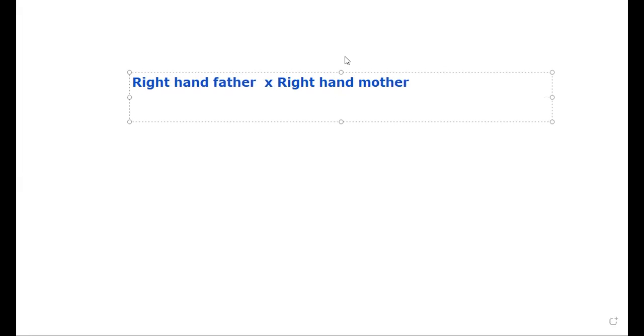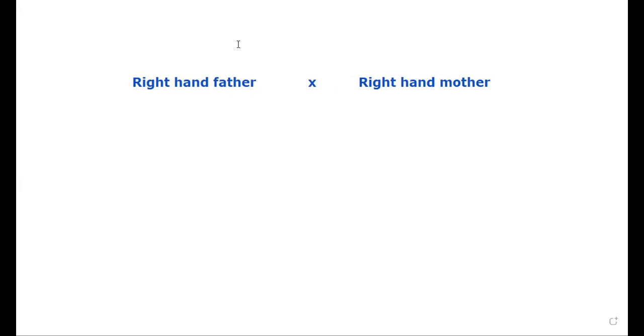But the child born is a left-hander. Okay, left-hand child. Is this the one you're asking, Arishahani? Yes, sir. So, very simple.